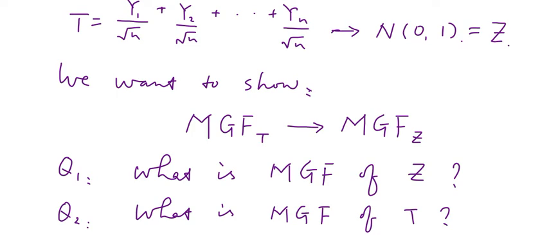Then we can say that as n goes to infinity, the moment generating function for T and for the standard normal are the same.